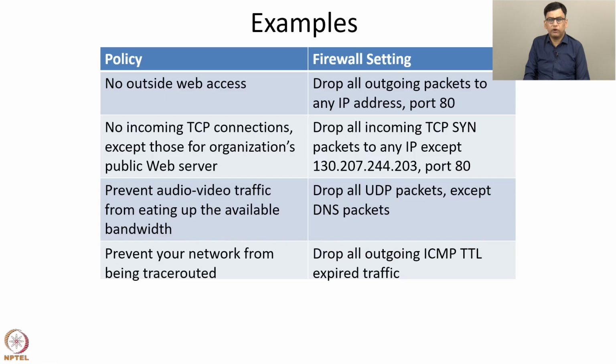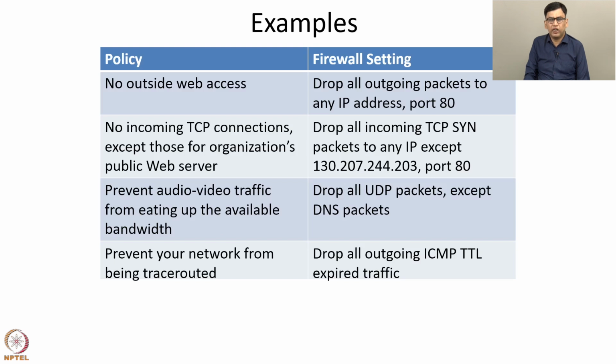Consider an attacker who is outside the organization's network. That attacker runs the traceroute program, and that generates a series of packets with different TTL values, and these are sent inside the organization's network.